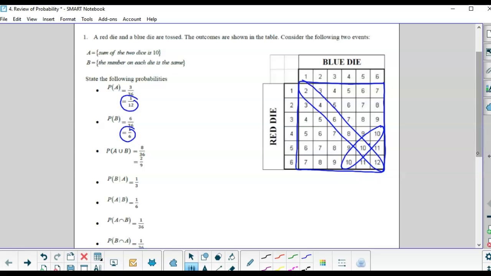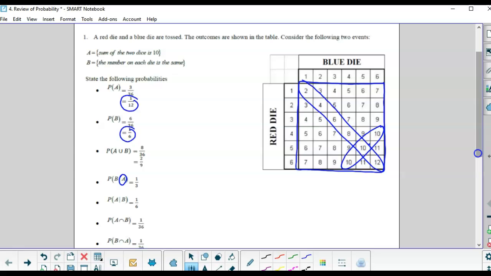Then we get into conditional probability, or dependent events. So this is the probability of B, given that A occurred. I always think about this as, now I've reduced my sample space down to just A. So what is A?